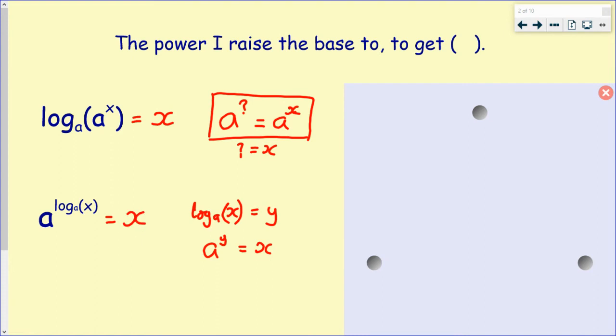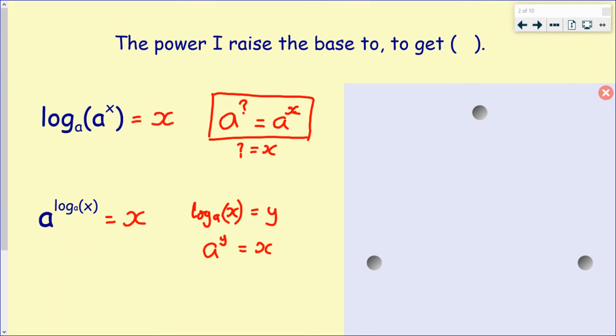Okay. Now what I want you to notice here is the same idea about inverses. Notice I take x as the power of a to the x, and then I do the logarithm of that value, and I get back to x.